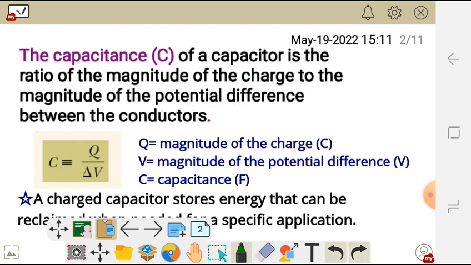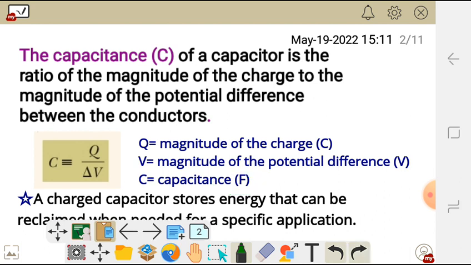It is given by the formula: capacitance is equal to charge divided by the potential difference, where Q is the magnitude of the charge and V is the magnitude of the potential difference measured in volts, and the capacitance C is measured in farads.